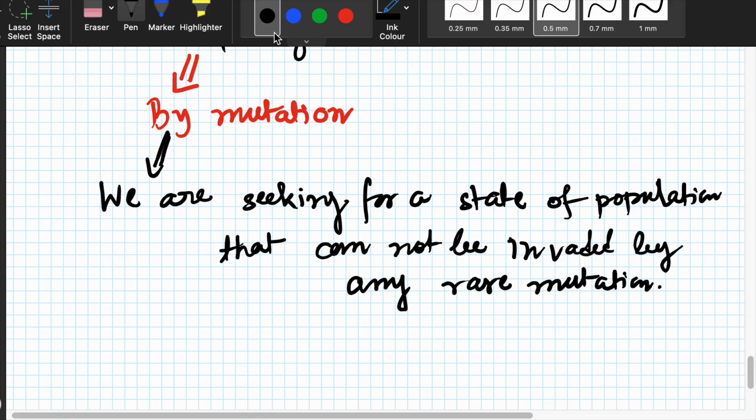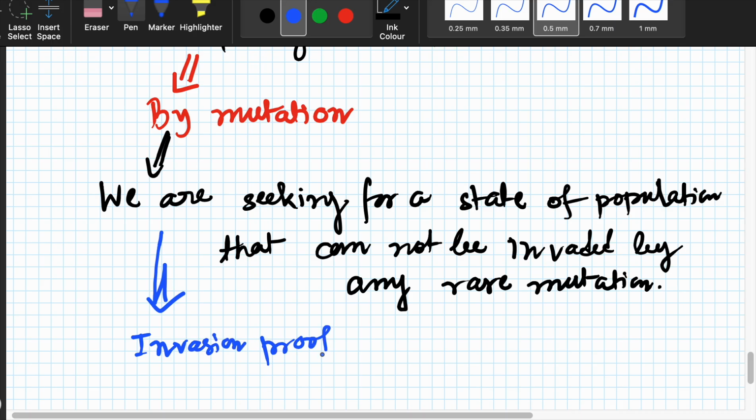So we are seeking such a concept where the state of the population cannot be invaded, it is an invasion proof population. We are searching whether a frequency exists which is invasion proof.